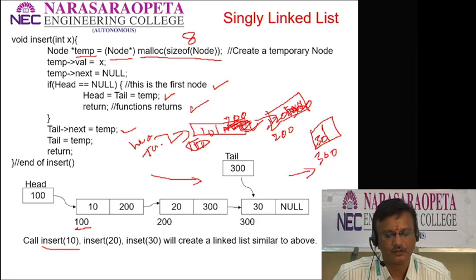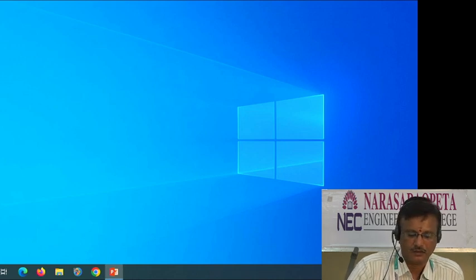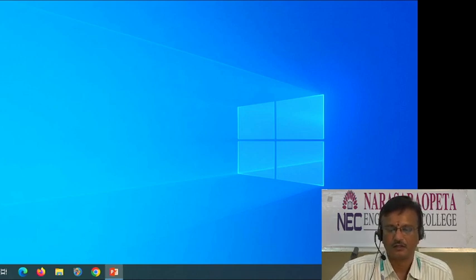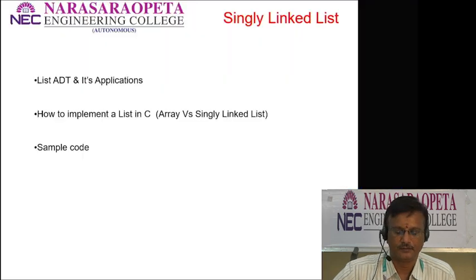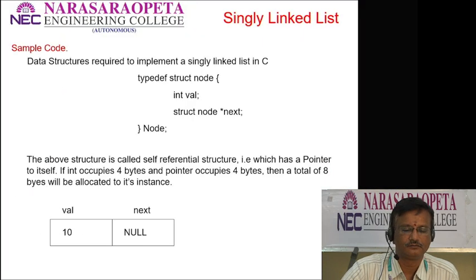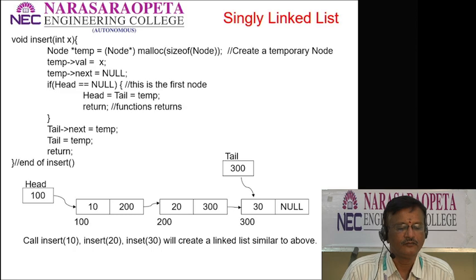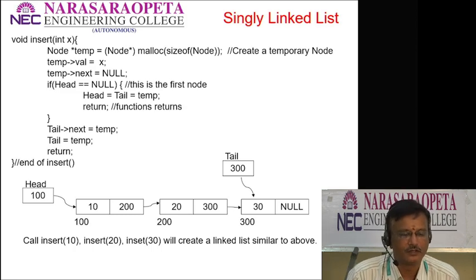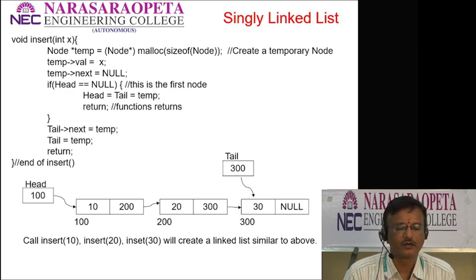I hope you have understood how to insert a new node. I hope you have understood the function insert, how it is going to create a singly linked list in the forward direction.